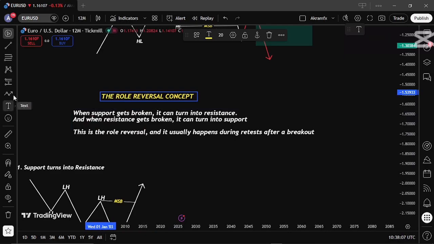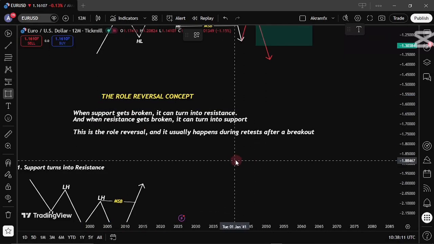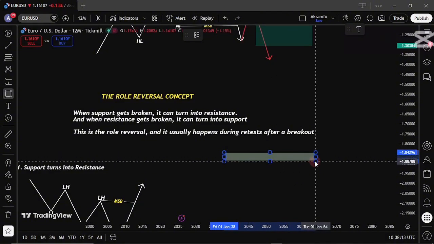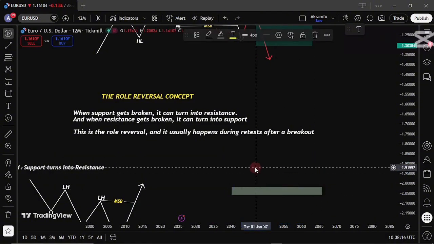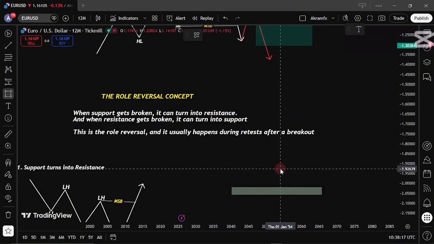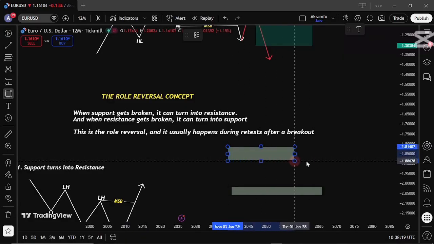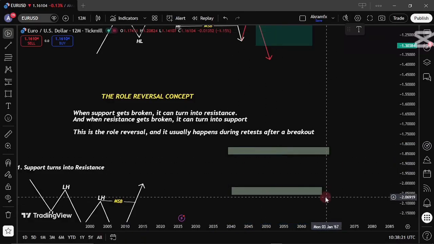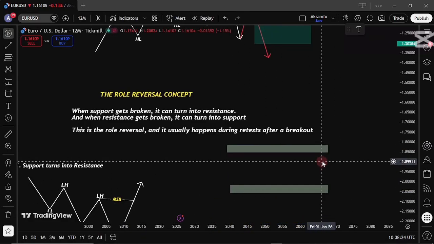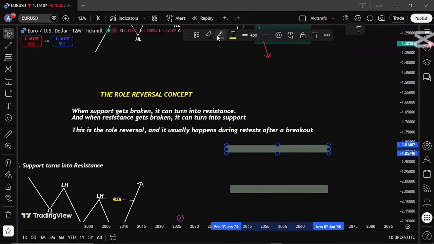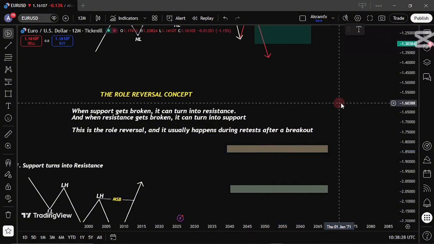let's assume we had a support here, and we had a resistance there. Let me put the resistance in red.